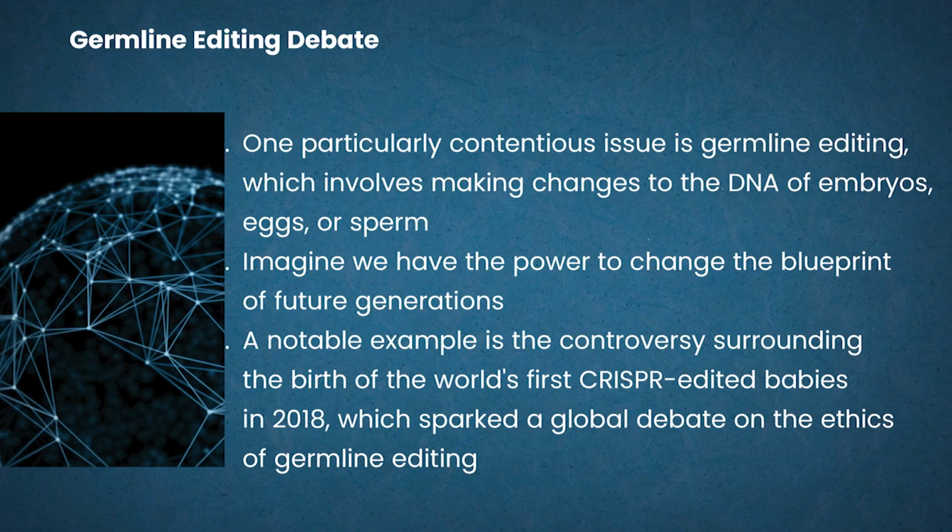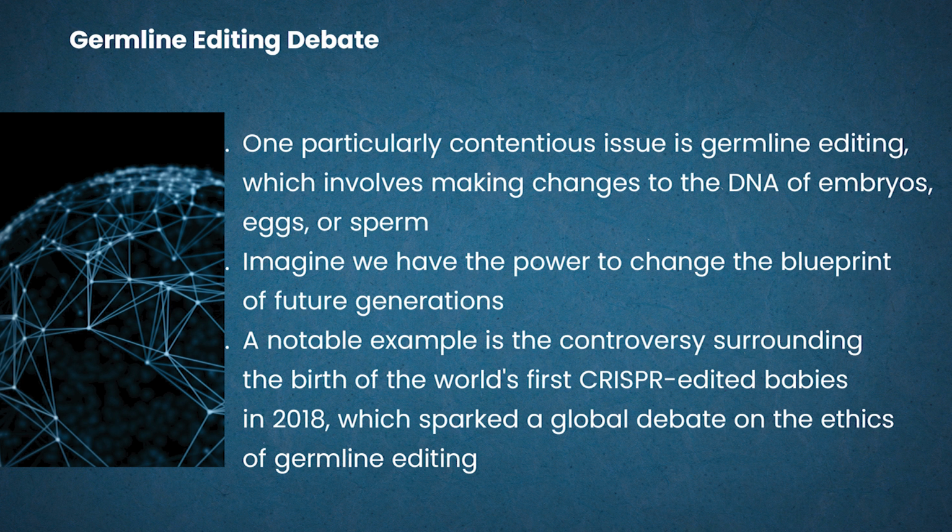It has also generated a debate called the germline editing debate. One particularly contentious issue is germline editing, which involves making changes to the DNA of embryos, eggs, or sperm. This means that the genetic modification can be passed down to future generations. Imagine, we have the power to change the blueprint of future generations.